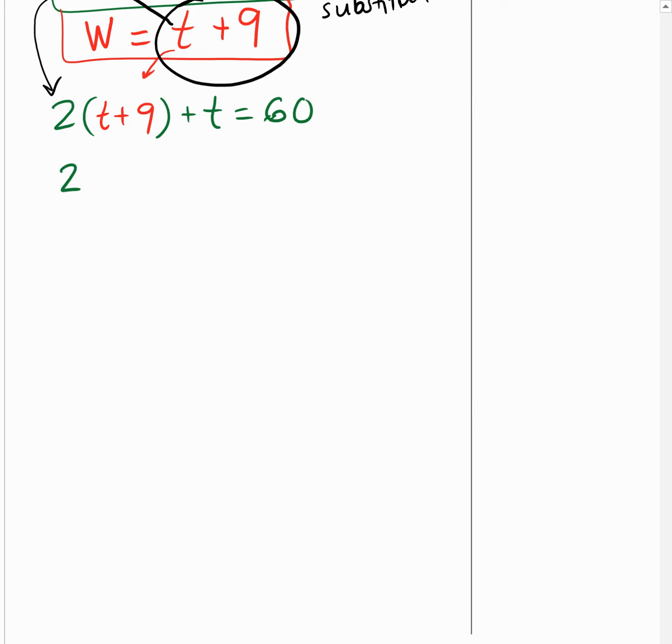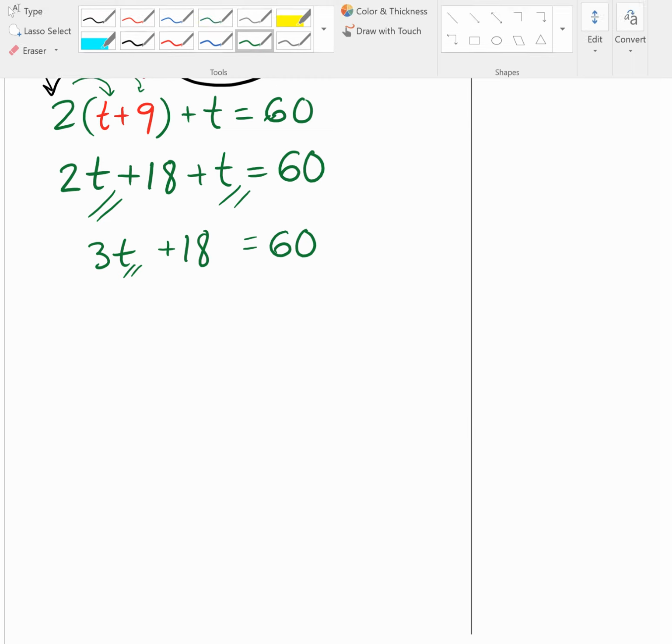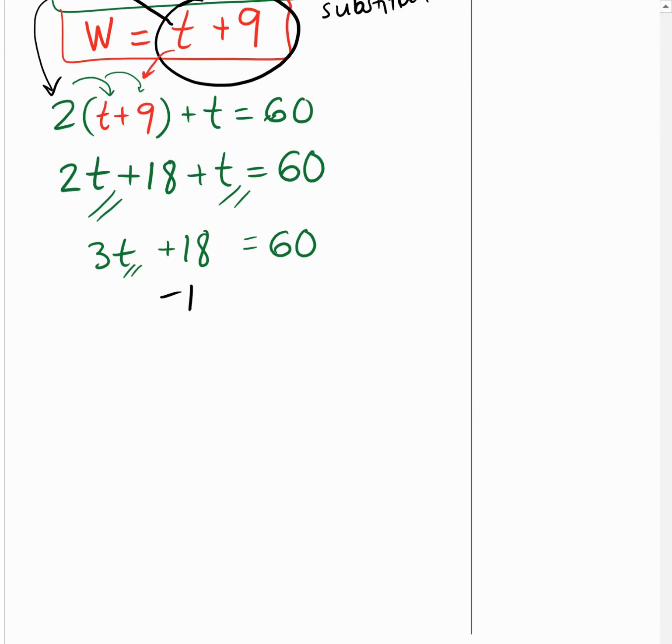If I distribute the 2, I'm left with 2T plus 18, because 2 times 9, plus the T that was outside the parentheses, equals 60. There are a couple like terms. 2T and T make 3T, plus the 18 is 60. Let me isolate T by subtracting 18 first.